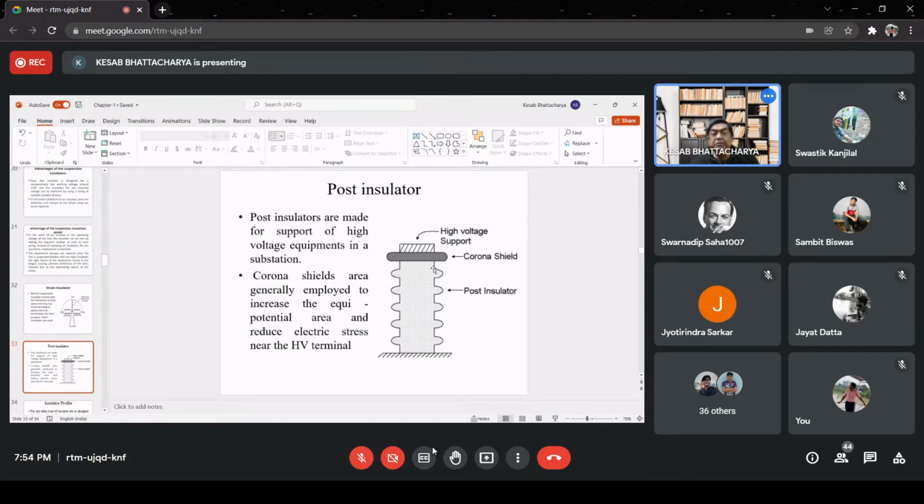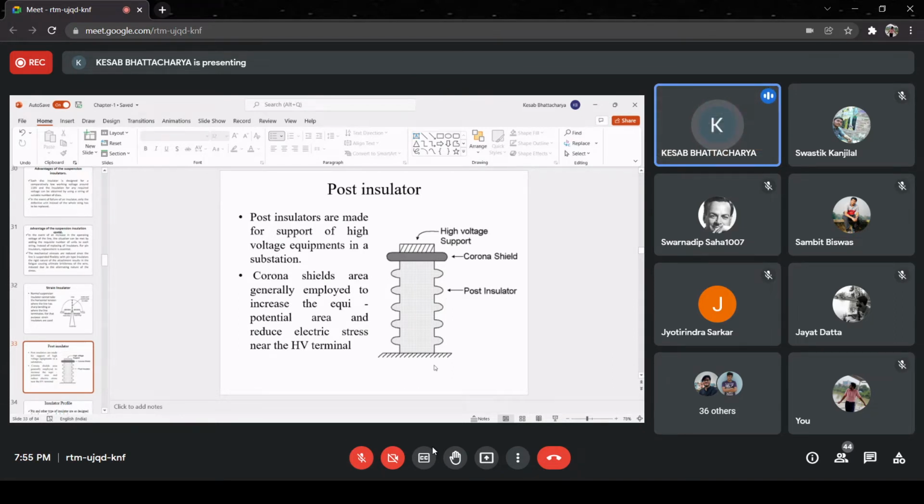Now, you see these post insulators, their two side surfaces are not simply plain or smooth surfaces. Instead, the two surfaces are actually corrugated. Since this is your high voltage electrode and this is the ground, obviously along the external surface of the post insulator, some current will flow from the high voltage electrode to ground, and that is the leakage current.